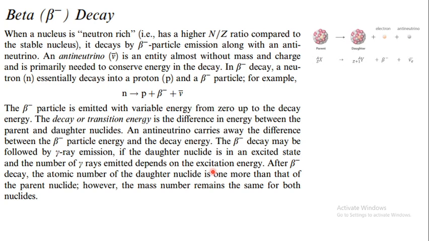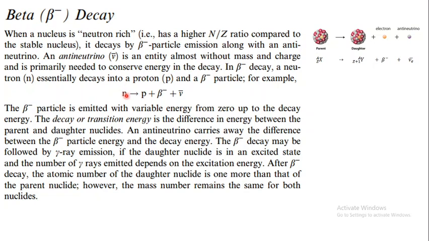Due to this reason, if we look at the decay equation, the parent nuclide is here, and when this nuclide undergoes neutron disintegration and the beta decay process, there is a plus 1 in the proton number, because one proton is produced.